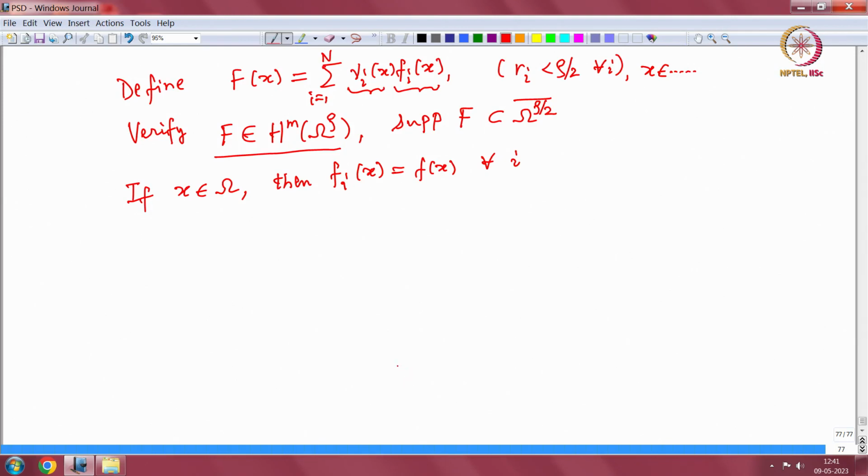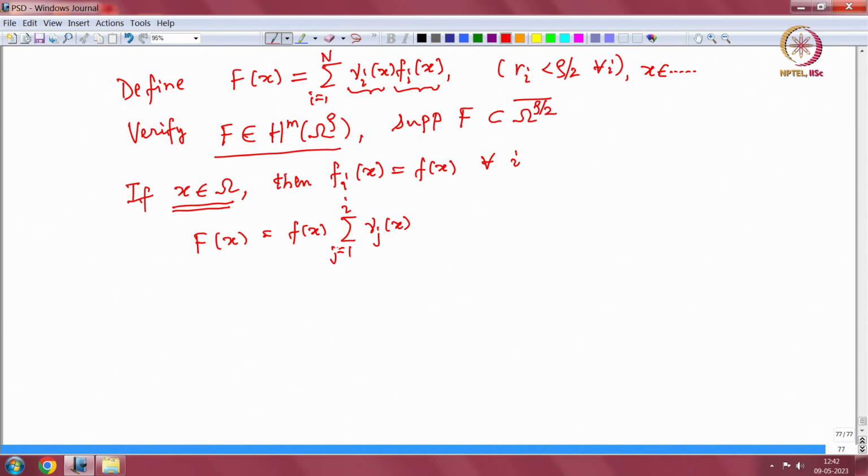Okay. And then given any x in omega, we can choose a particular first ball. So these are only finitely many. Then that makes F of x equal to f of x into, we may not need all the things, let me say the sum of gamma x_j for j equal to 1 to i, where i is the first ball where x belongs to.